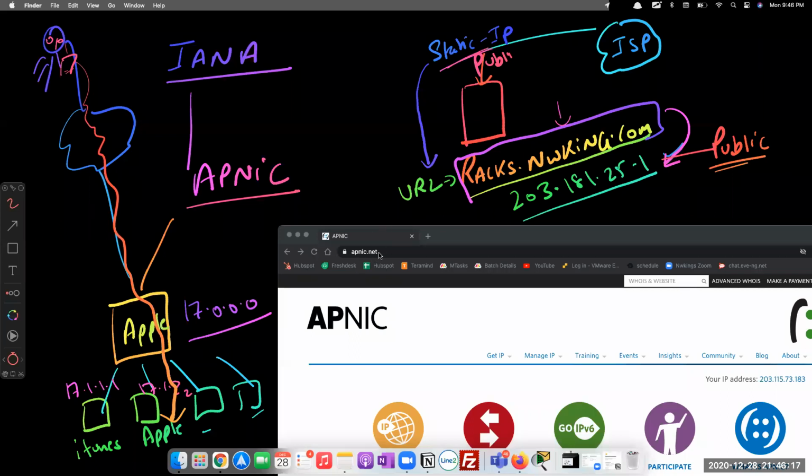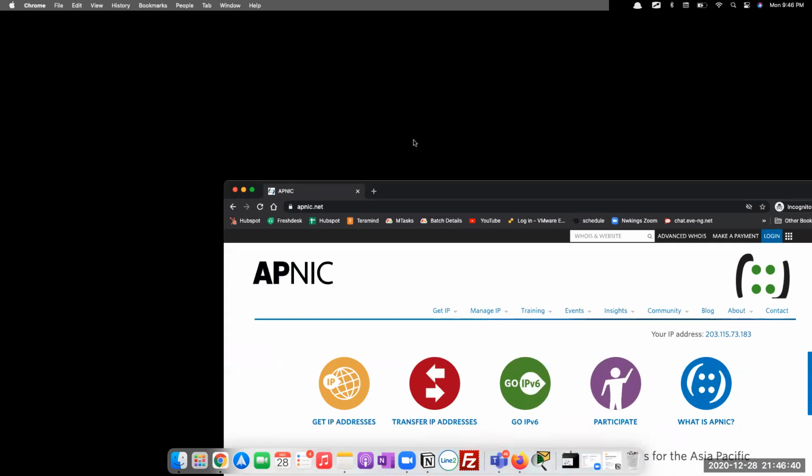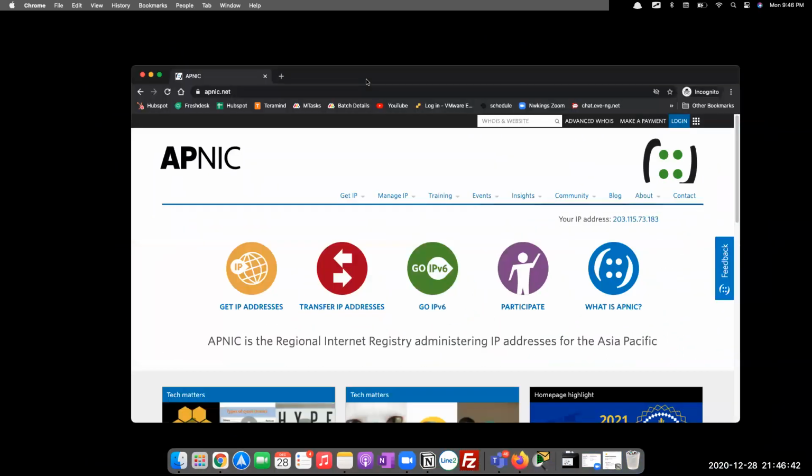Even this apnic.net website has one public IP. But if any company wants to buy IP addresses from a big organization like APNIC, you can't buy a single IP. If you want one or two IPs, you can directly contact your ISP. But if you have a very big company and you want to get IPs, click on get IP address.